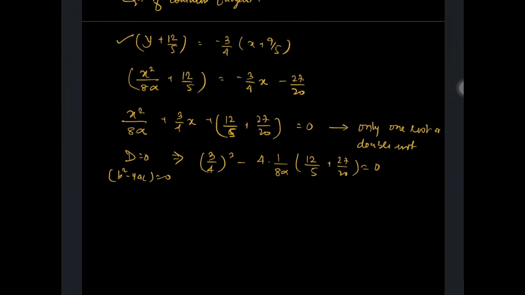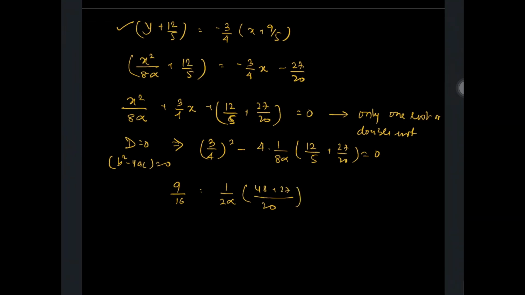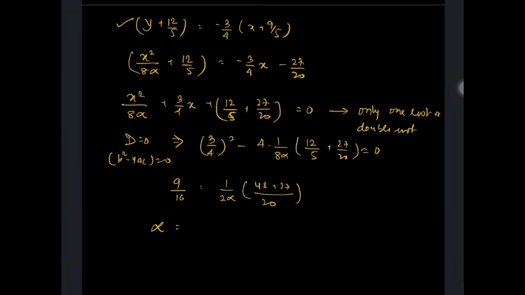So it is 9 by 16 is equals to 1 by 2 alpha, and this is 20, 48 plus 27. So alpha is 16 by 2 into 9 into 75 by 20.